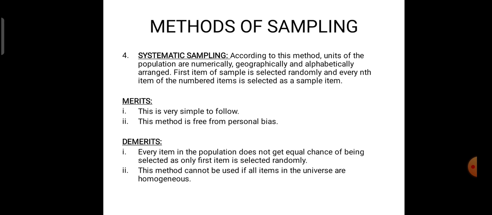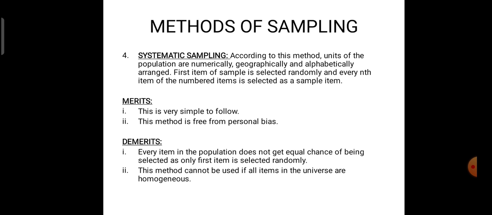Okay, now coming to the merits and demerits. The first merit is, this is a very simple method to follow. It is very simple because you have to just arrange everything, and the first item is selected randomly and every nth item is going to be selected in the sample, so you do not have to make much effort. And the second is, this method is free from personal bias.